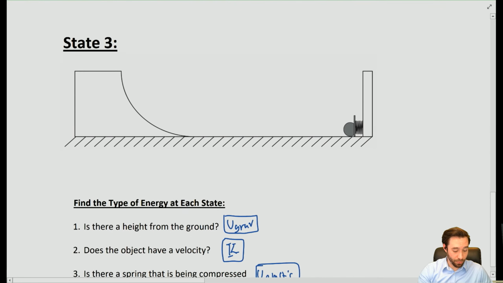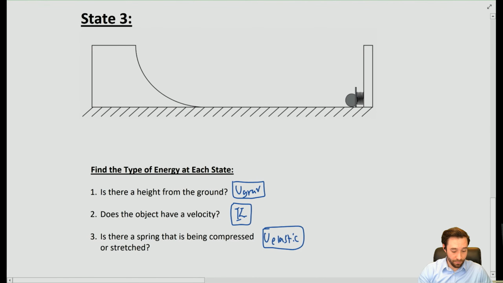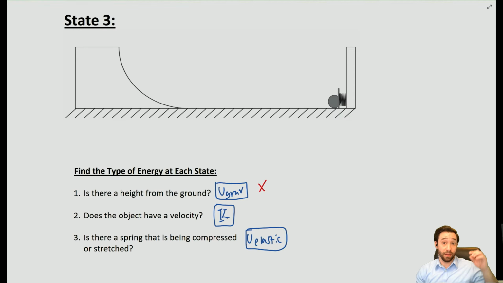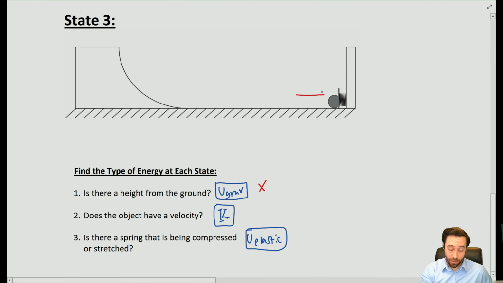Now on to state 3. Is there a height from the ground? No, there is not. Now this is the part where people might get a little confused. This is the instant that the ball has gone as much as it can to the right, and it's getting ready to change directions of its motion. So it was traveling towards the right, but then it's getting ready to change to the left.